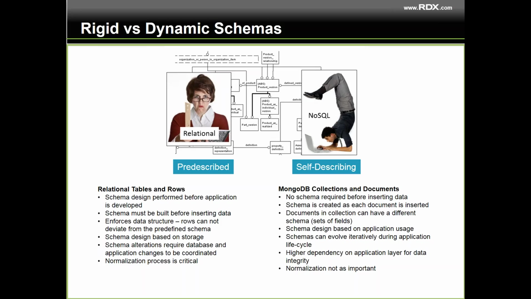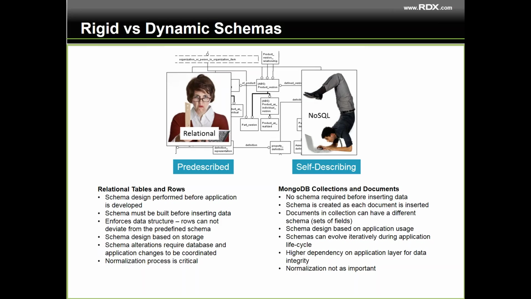So on the relational side, the schema has to be built before the application is developed, and it has to be pre-created before we start inserting data. It also enforces data structure. Your rows can't deviate from that predefined schema. And when you need to change that schema, you have to coordinate those changes with the database and the application.